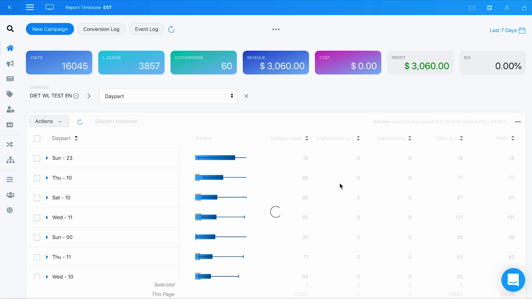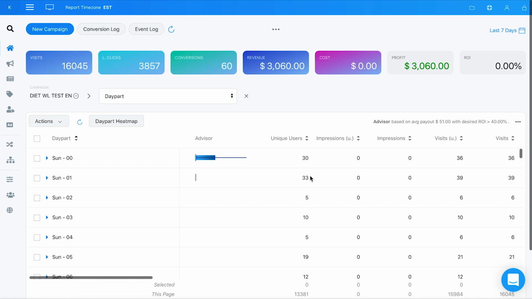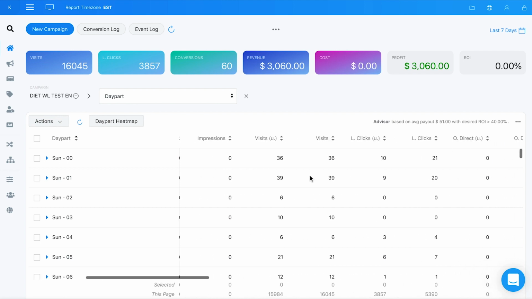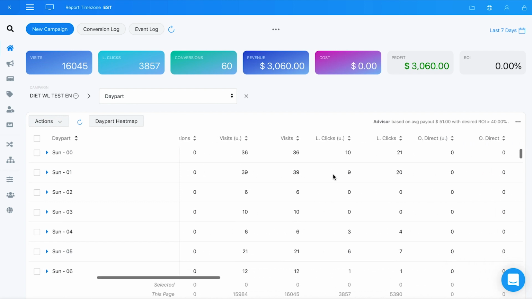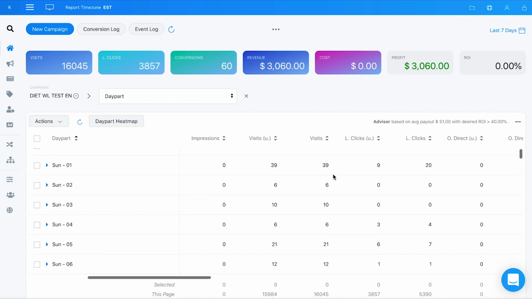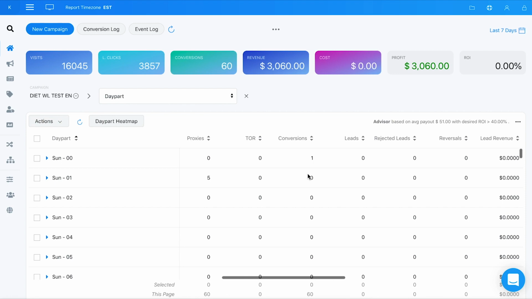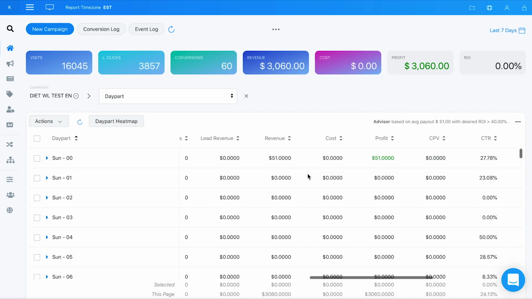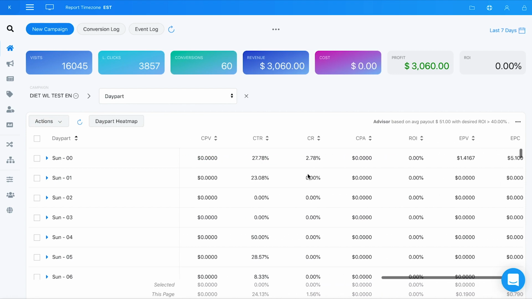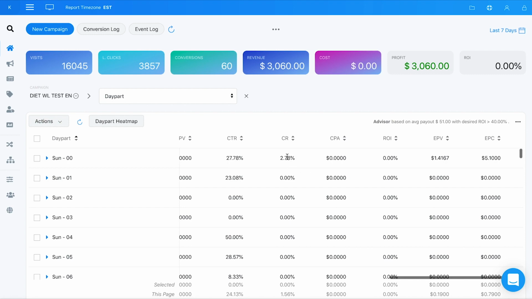Keep in mind the cost data of this campaign has been removed for privacy reasons, as this is a real campaign. So we're going to scroll over here and look at conversions, and actually, let's look at conversion rate.